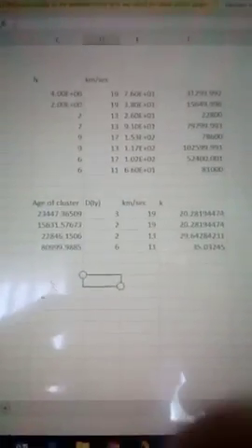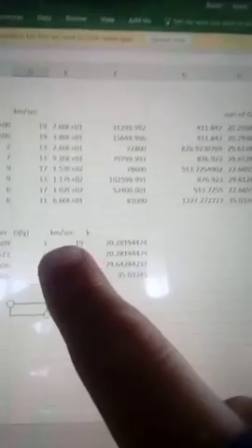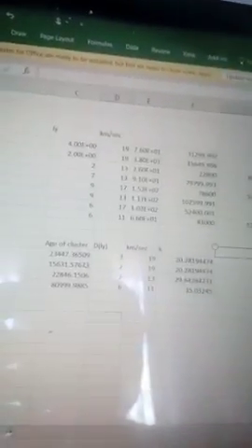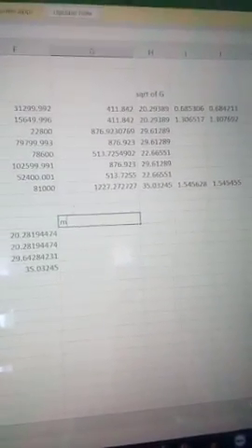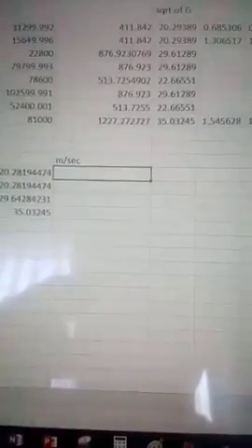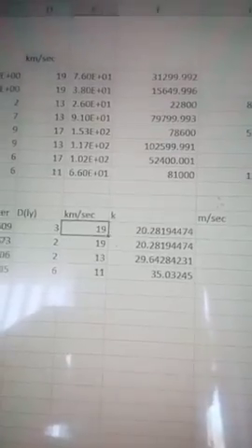In miles, I would have to convert it. So for example, instead of kilometers per second, you would put here miles per second, and I would convert it from kilometers per second in US. So for example, that's 19.